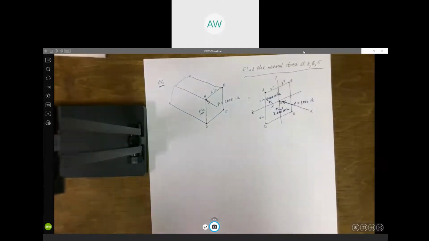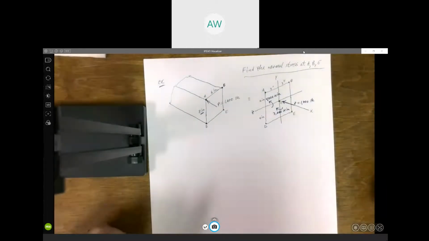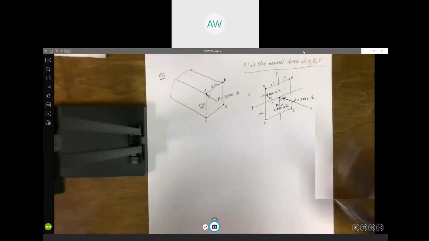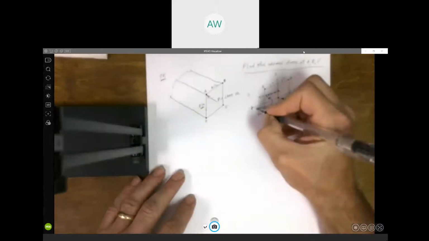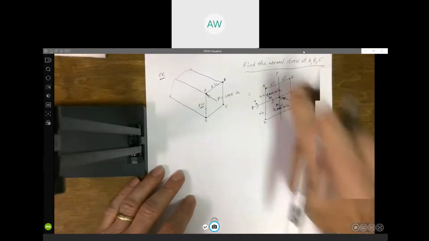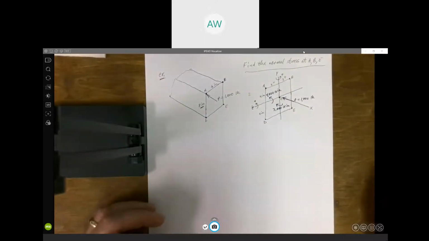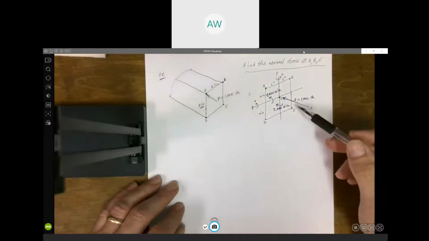All right, so at this point, if you're just going to base it on tension or compression, you could go ahead and start plugging in numbers. If you're going to use the sign convention, then we need to determine, again, are these values positive or negative? Sign convention says this is a positive direction for a moment, and about the y-axis, this would be a positive direction. Our axial force P is in the negative direction. It's causing compression.